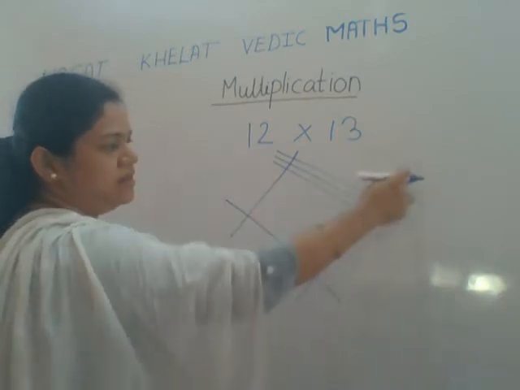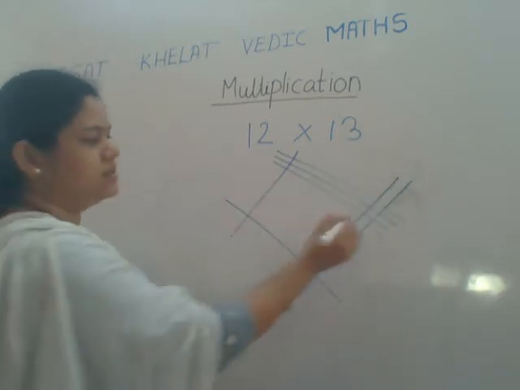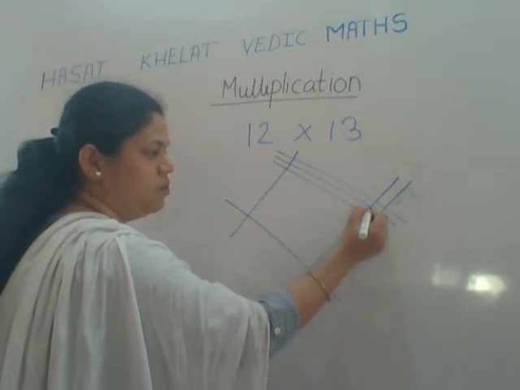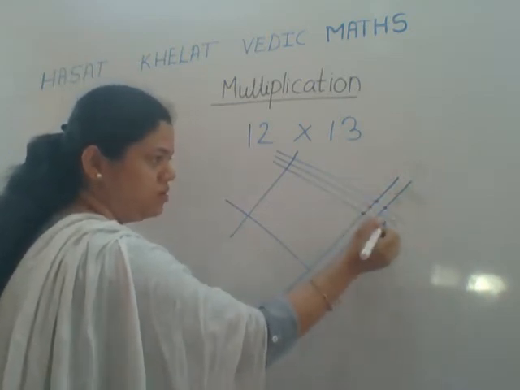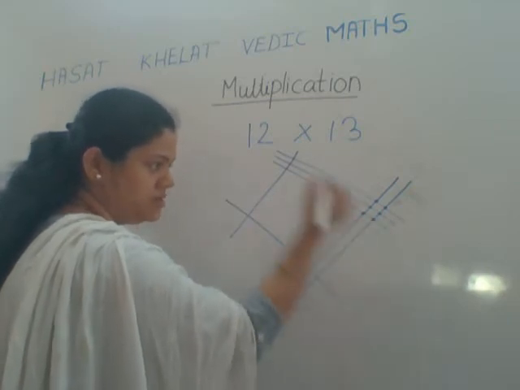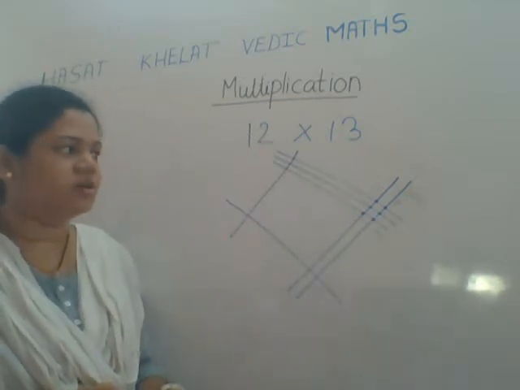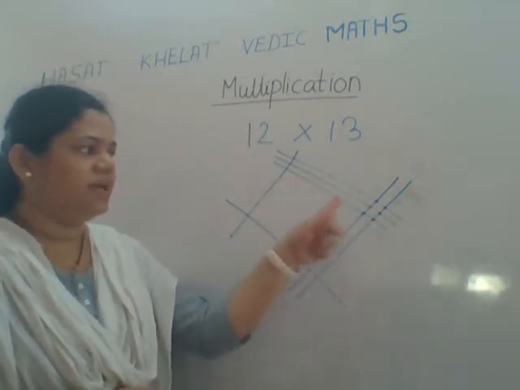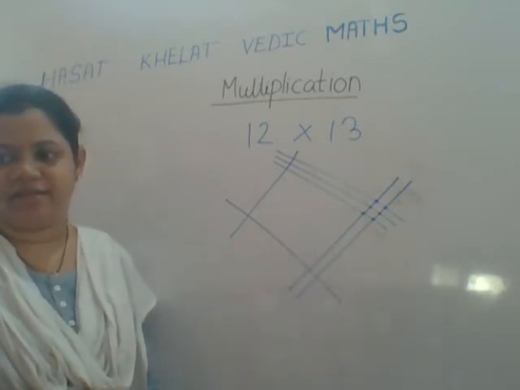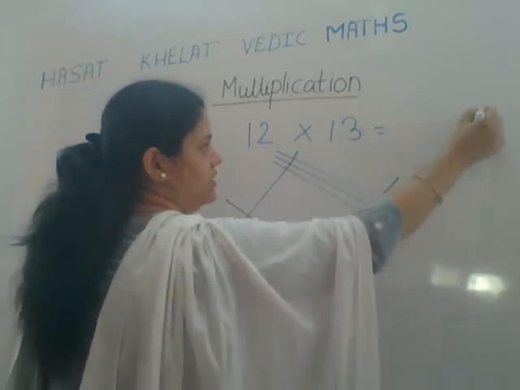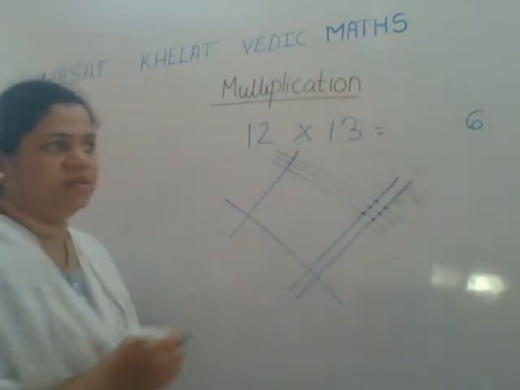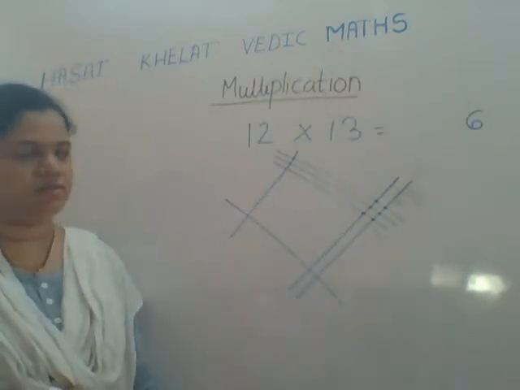These three lines are intersecting with these two lines at 1, 2, 3, 4, 5 and 6. Six dots, six places where these three lines have intersected. So I will take this number 6 and write it down in the units place.